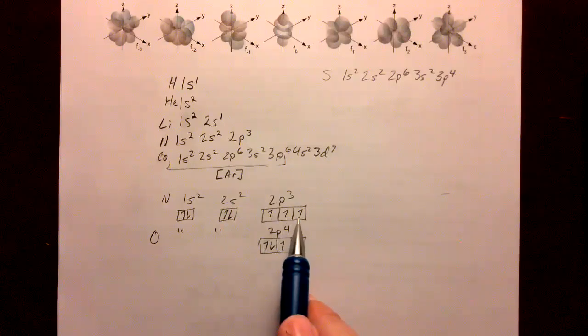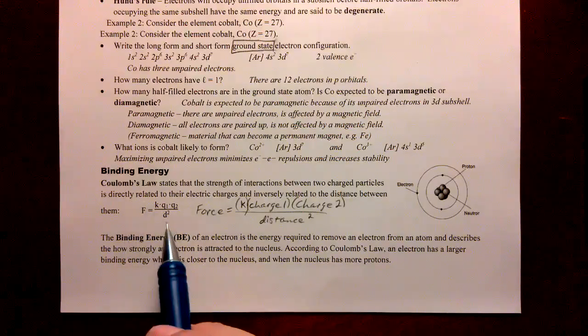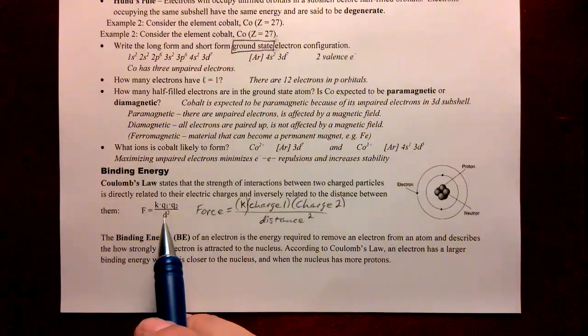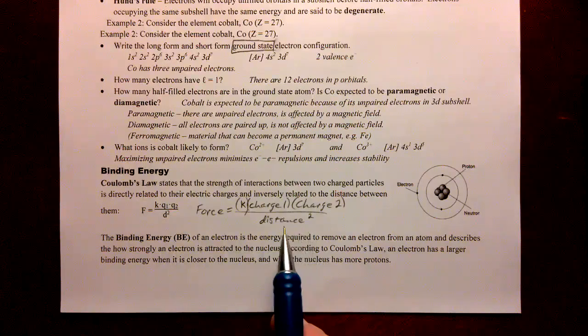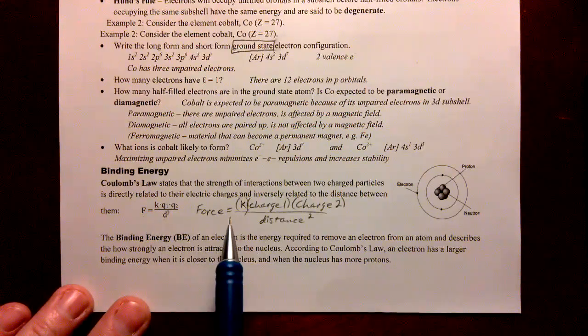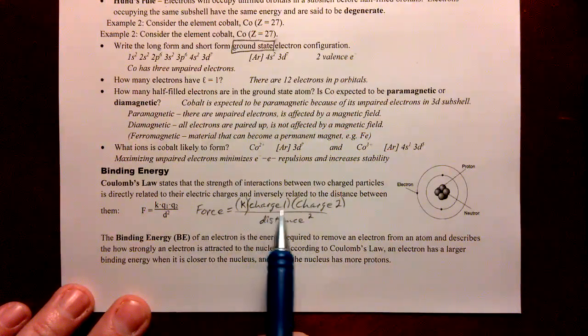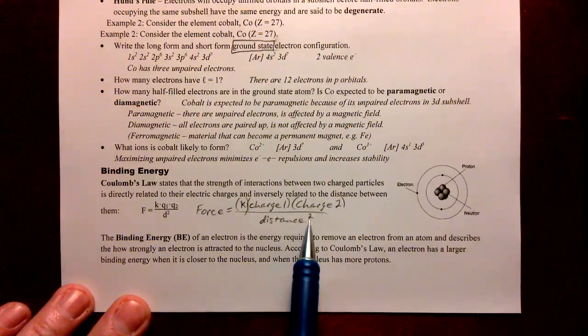Here's an equation, Coulomb's law, that does come up as a concept on the real test. You're not asked to actually calculate using this, but you have to know the basics of how it works. What this is saying is the force binding charged particles together is equal to a constant, which doesn't honestly come up, times the charge of the first ion times the charge of the second ion, divided by the distance squared.